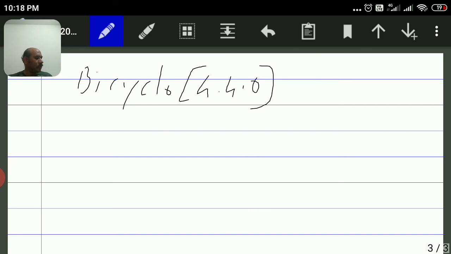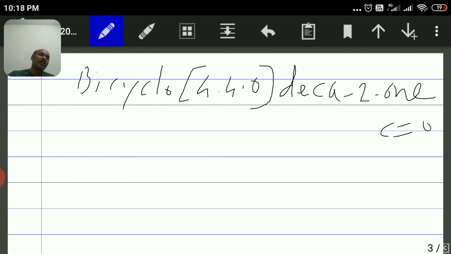Bicyclo 4,4,0 dec-2-one means it is a ketone having a double bond O at carbon position 2. Now here 4,4,0: 0 means a fused ring compound, so 2 carbon atoms are common.